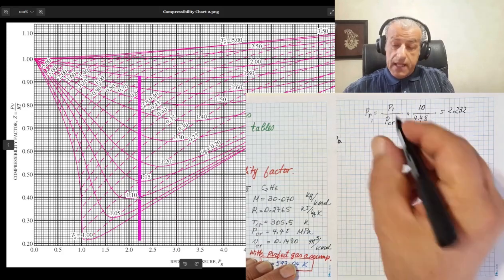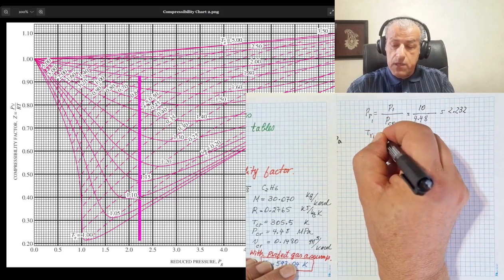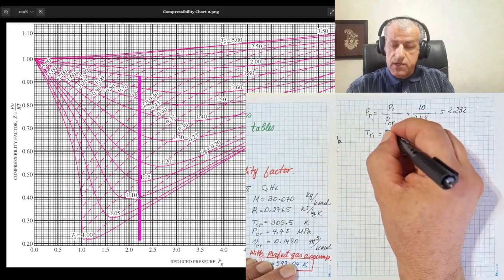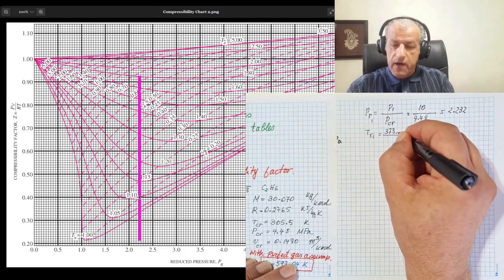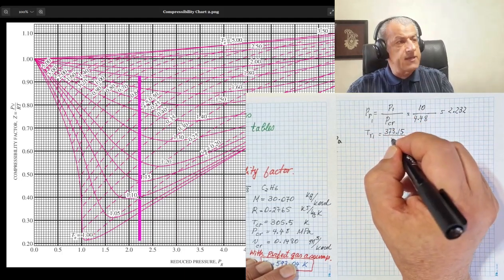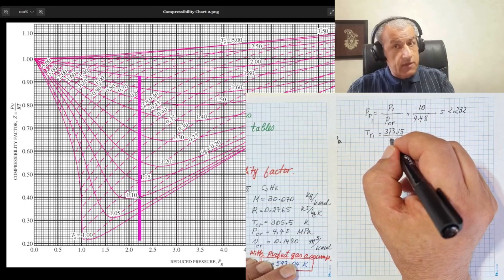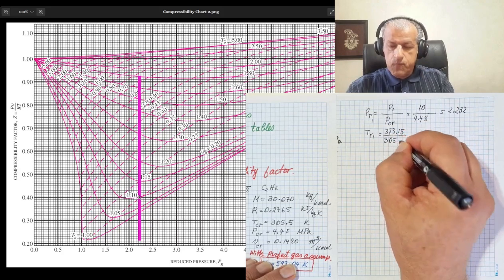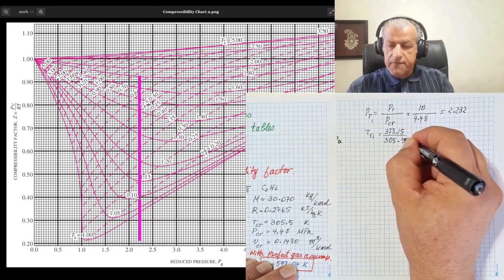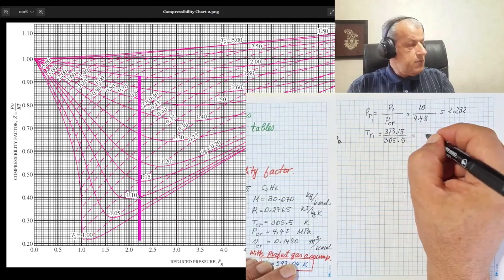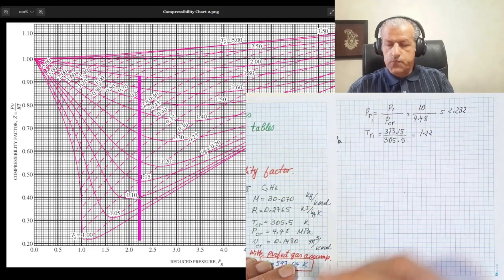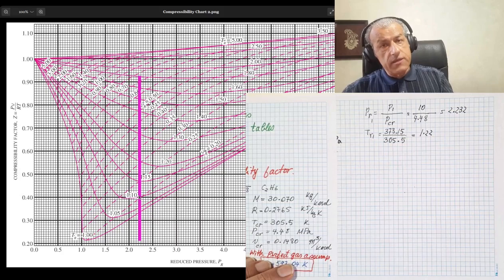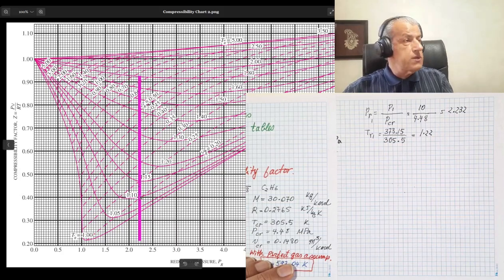If we calculate TR1, it equals our temperature, which is 373.15. Remember that it's 100 degrees centigrade, but we have to change it to Kelvin. So always we have to change it to Kelvin, divided by 305.5, and the outcome would be 1.22. This is TR1, and therefore, with a knowledge of these two, we can find our initial point on this diagram.